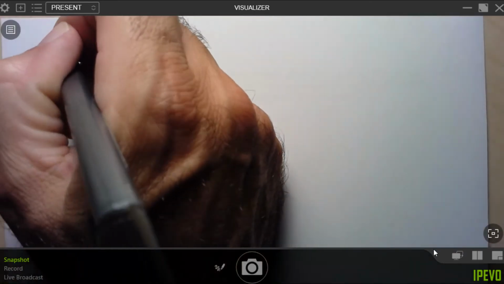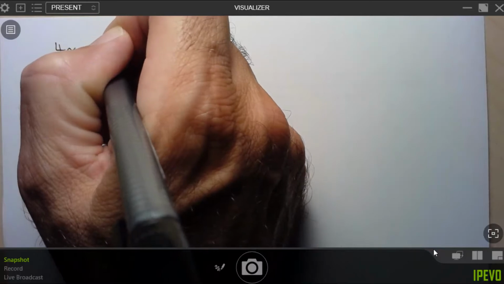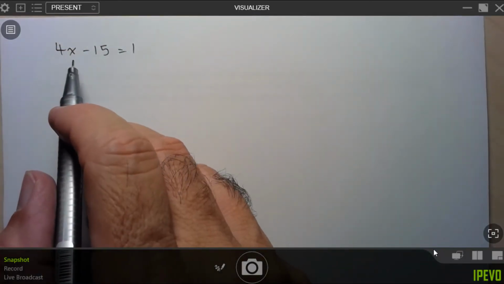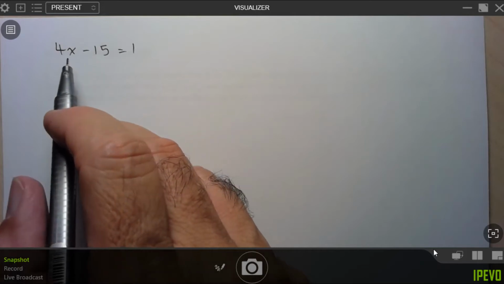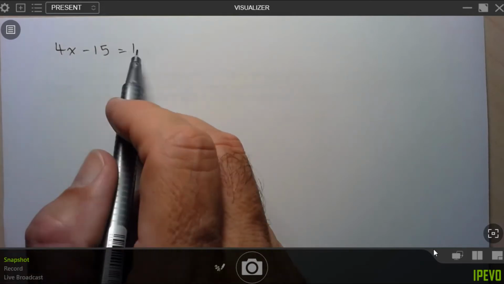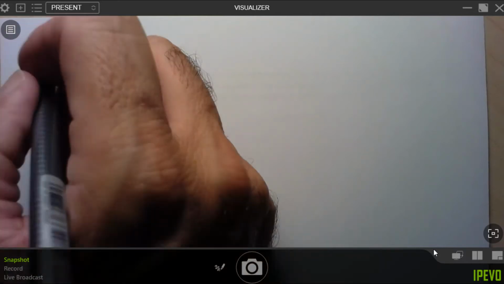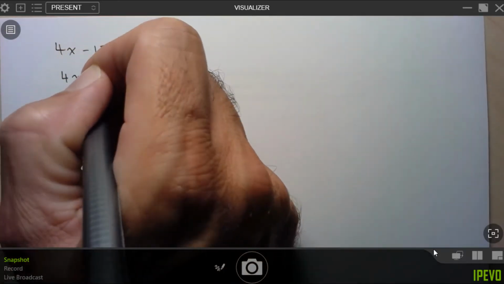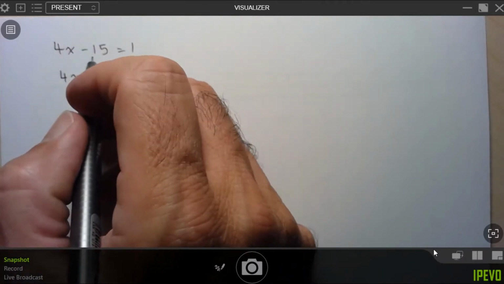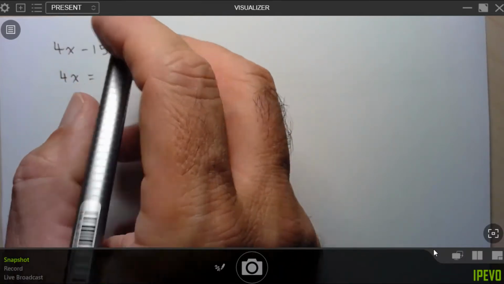All right, so let's take the same expression but make it an equation. So if we have 4x minus 15 is equal to 1, the way in which we were able to solve a linear equation was to just use opposite operations to isolate our variable. So here we could add 15 to both sides, the idea being that if I add the same thing to both sides of the equation, it'll still keep both sides equal.